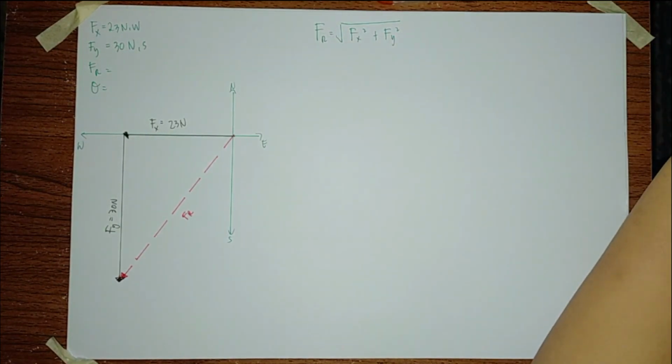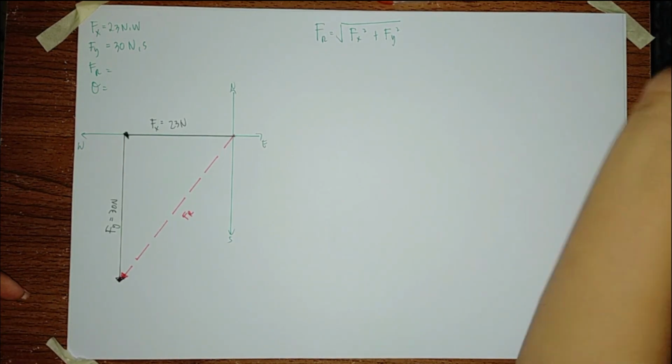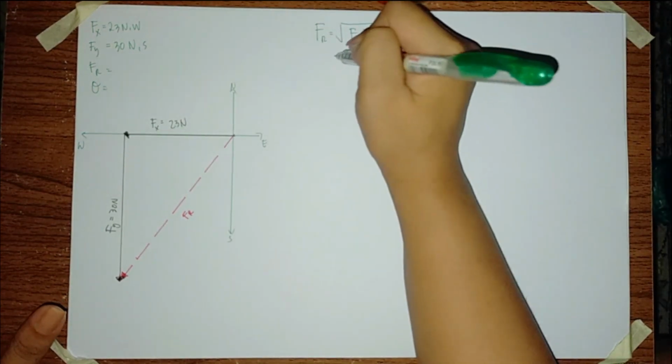I use F sub x and F sub y so that it is easier for you to identify which is the x and which is the y component. To make life easier and better.